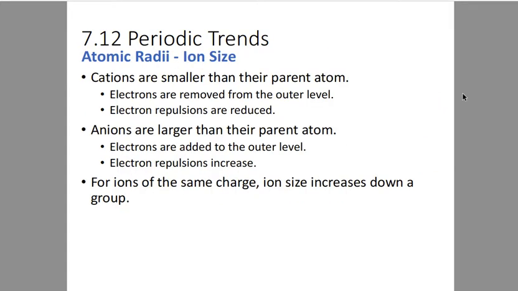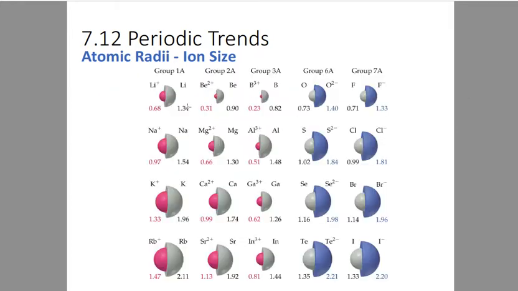In addition to atomic radii, we can also talk about ionic radii, or the size of an ion, whether it's a cation or an anion, compared to its parent, the neutral atom. So what we have here is a graph to help with that.